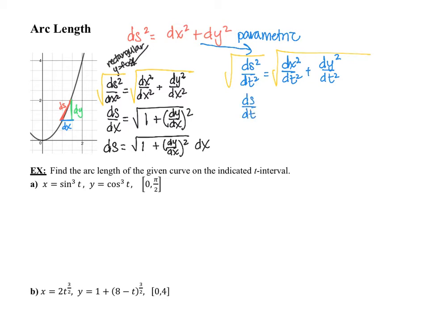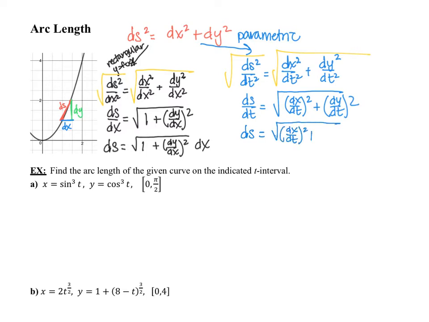So I have ds over dt equals the square root of dx dt squared plus dy dt squared. So simplifying, we get ds equals the square root of dx dt squared plus dy dt squared, dt.